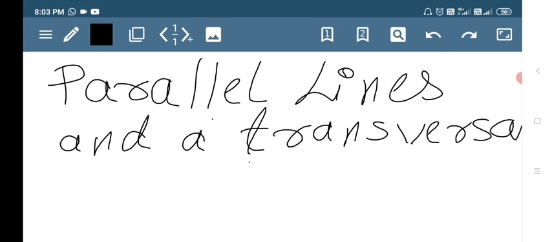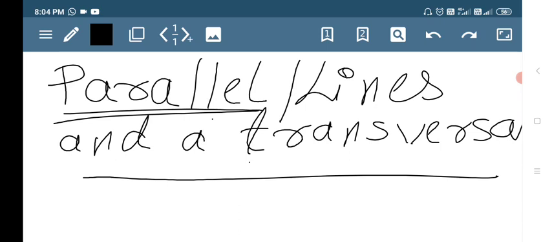So first let us understand what is a transversal and what is a line, and let us divide this concept into two parts, that is lines and a transversal. Then we will discuss parallel lines and a transversal.